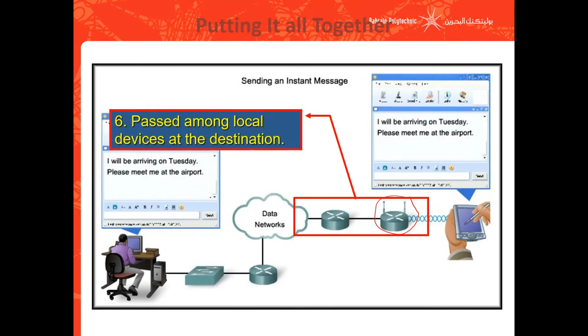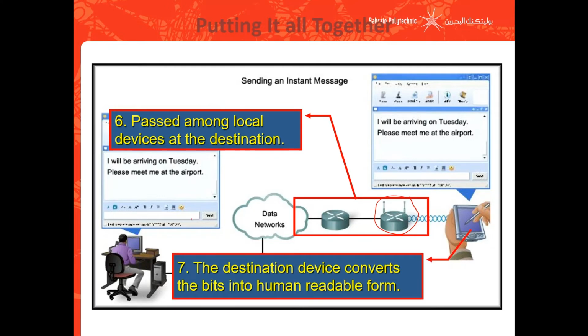However the network is designed, the bits that were converted by the sender will be transmitted to the receiver in that particular way. Finally, the device that the person at the destination has will convert the bits to human readable form, and they will be able to see the message in the same exact way that the sender wrote it.